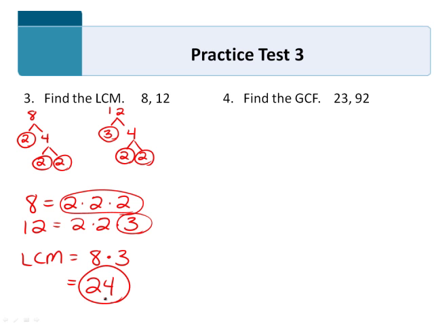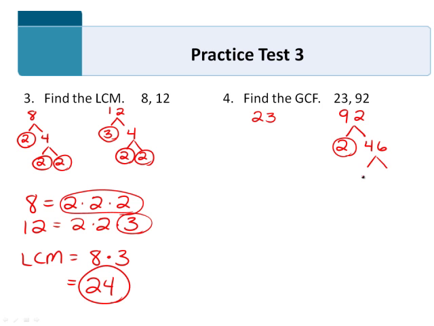Now, number 4, find the GCF. We still start out the same way by using the prime factorization. This one's kind of weird because 23 is prime, so we're not going to mess with that. We're just going to leave it alone for now. 92, I can divide by 2, and I think it's 46. Let's see, 12 carry 1. Yep, okay. 2 is prime.